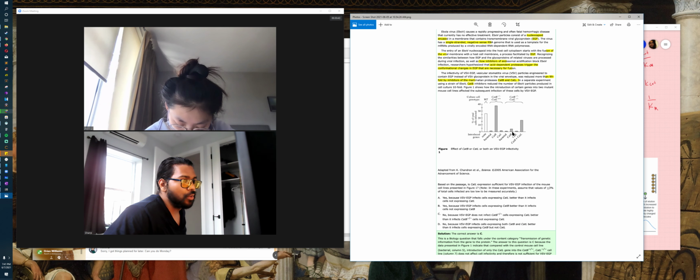Introduction of cat B only goes up a little bit. Introduction of cat L only doesn't really change it. Introduction of both cat B and cat L makes it go up substantially. Okay, I see.